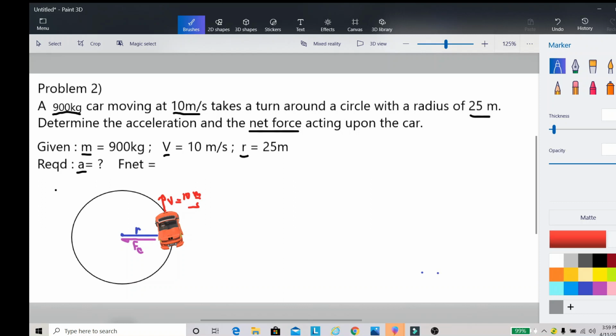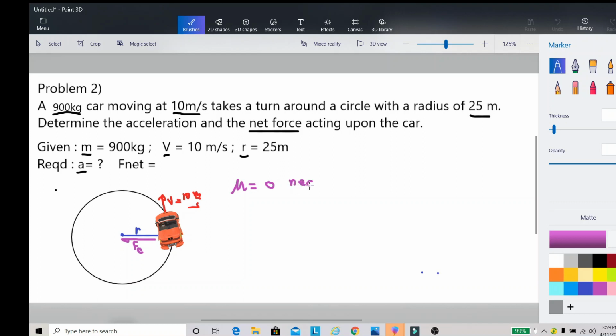Now, tandaan natin ang hinihingi sa atin yung net force. Okay. Yung net force na to, wala tayong ibang given. So there is no mu that is given. There is no mu. Therefore, we are going to neglect friction. Ano?